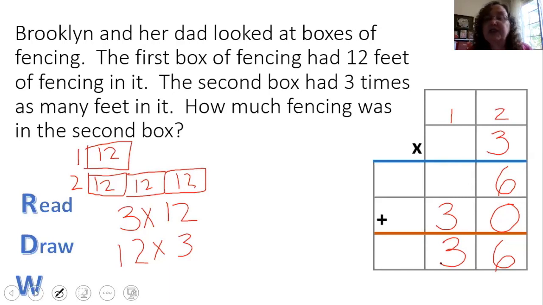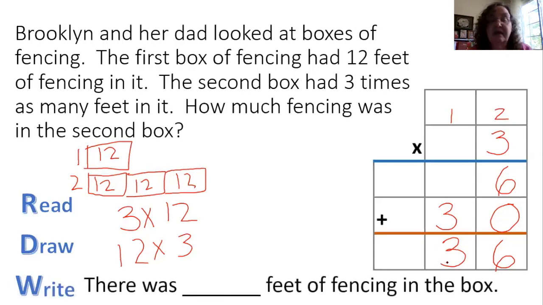So the question asked is, how much fencing was in the second box? Write your sentence down that you would have to answer their question. My sentence is, there was blank feet of fencing in the box.